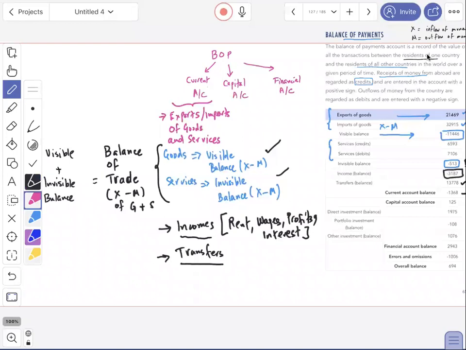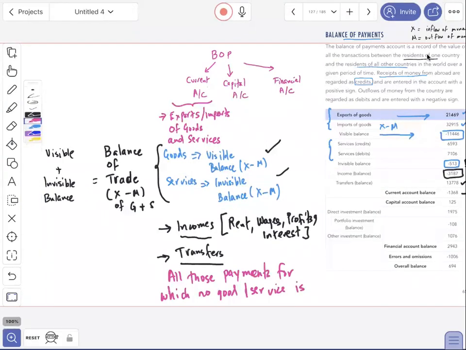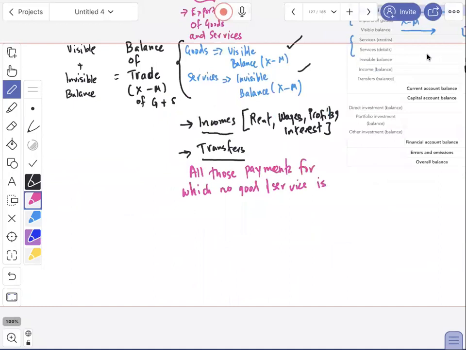Transfers are basically all those payments for which no good or service is produced in return.